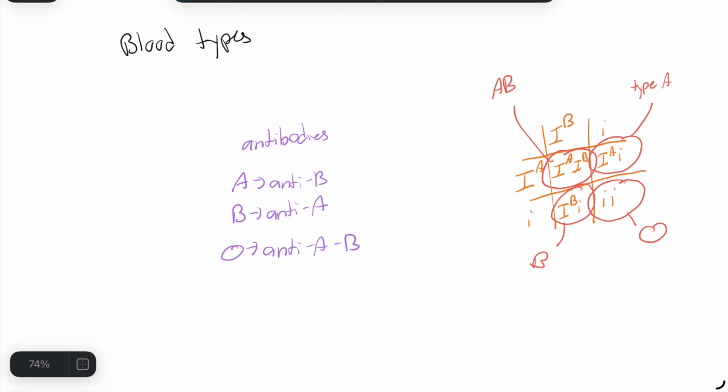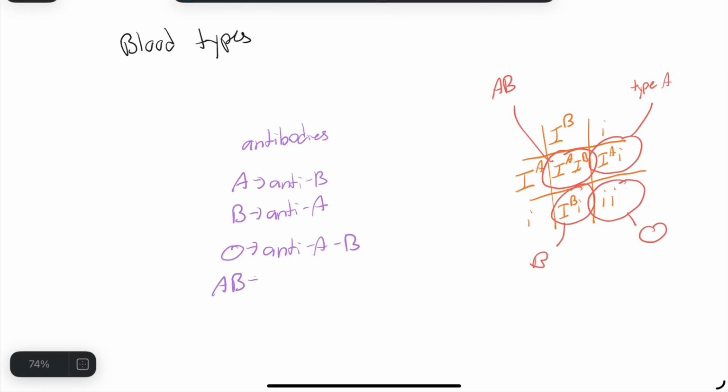Since O does not have any antigens, it's the universal donor, because the anti-B antibodies won't attack it since there's no B antigens, and the same thing goes for A. This is also why O cannot accept blood types from anyone else that's not O, because it produces both anti-A and anti-B antibodies. So if it sees either antigen, it will attack it.